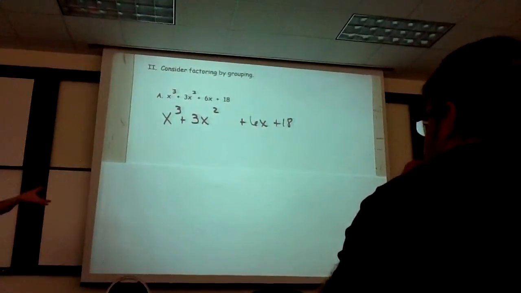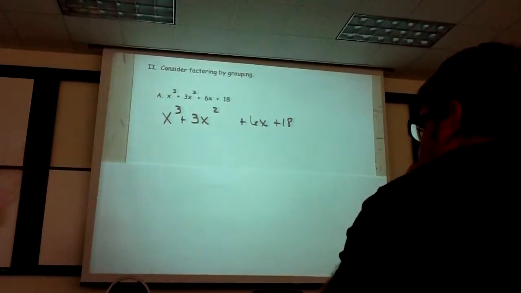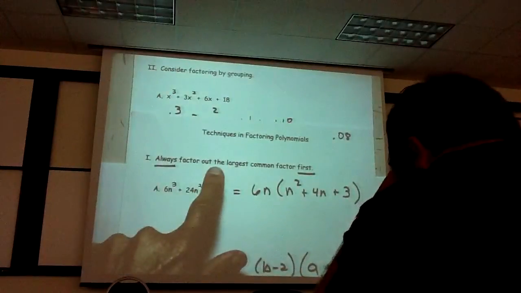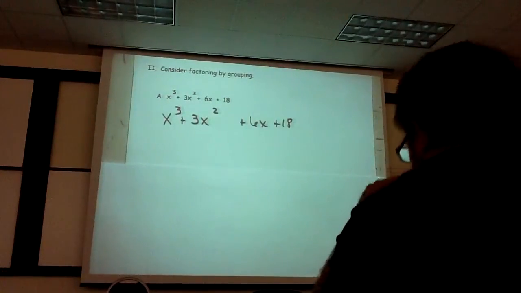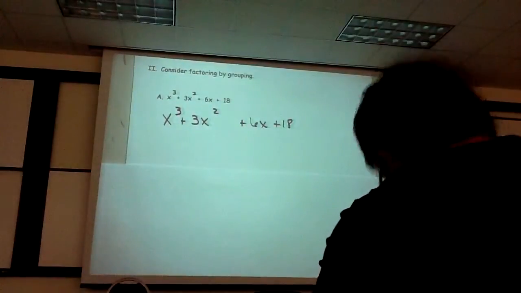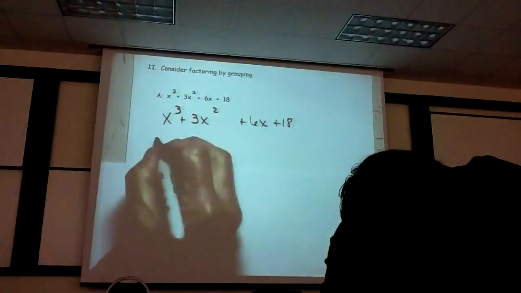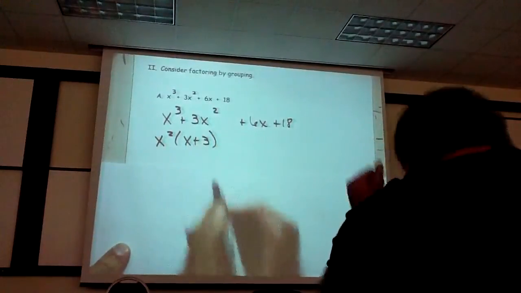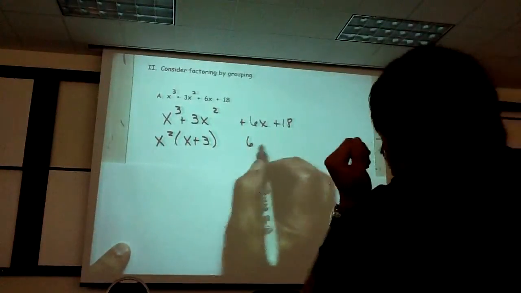That's why it's called factoring by grouping. Then I do exactly what we did on number 1, which is factor out a common factor. So from these 2, the common factor is 6. Factor it out. And you notice the common factor here was 6.